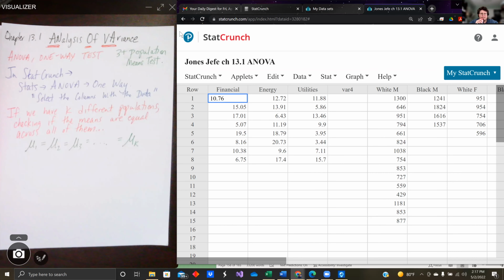And we've seen that before. We did N1 and N2 for proportions.